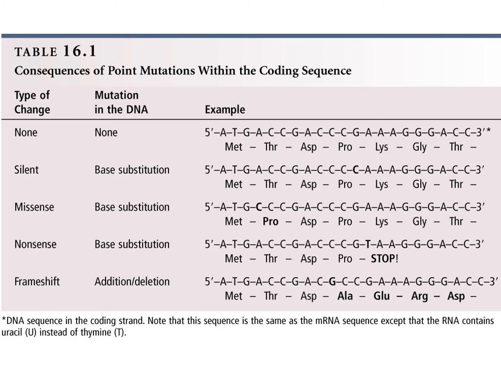Initially it is ACC, right? Now A is changed to C, so now it becomes proline. So all in all, the sequence of the polypeptide is now changed. That is the characteristic of the missense mutation.